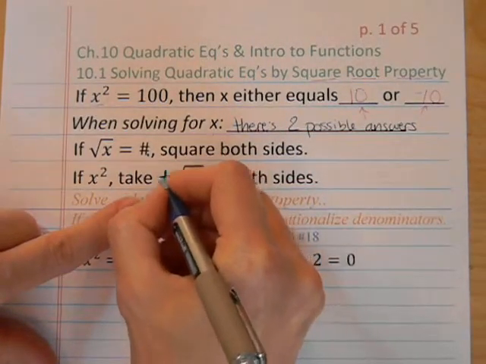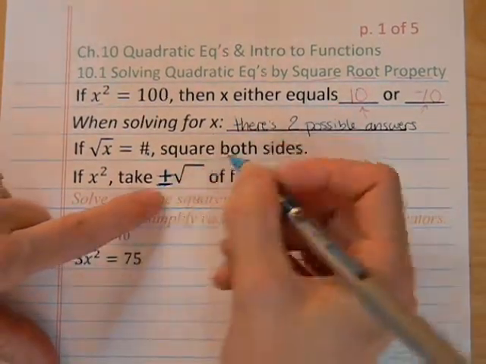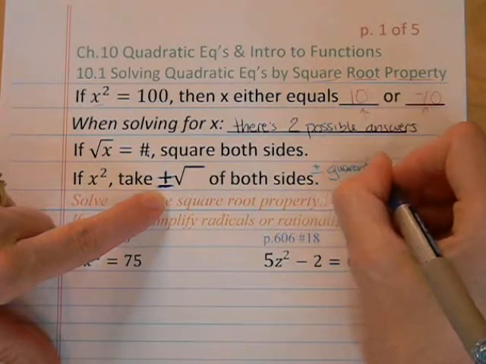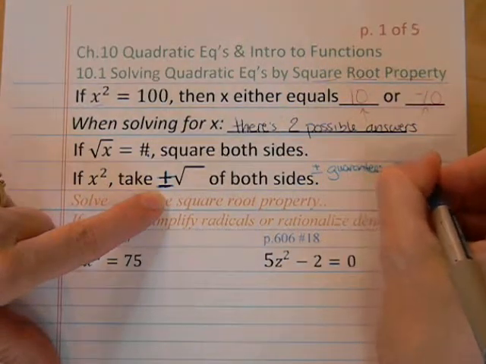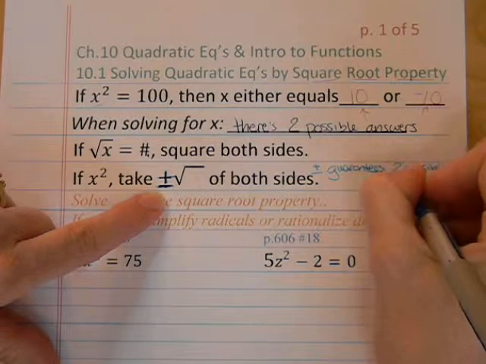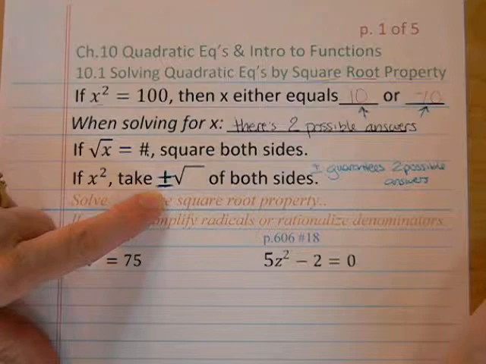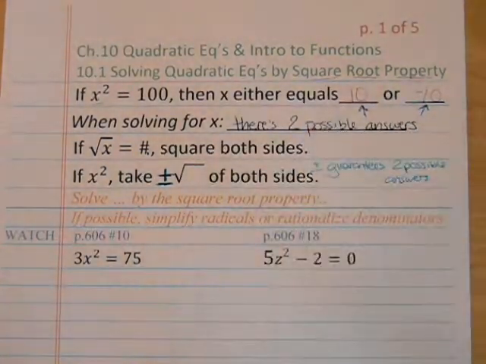The reason we do plus or minus is that it guarantees the two possible answers, your positive root and your negative square root. Okay? So let's see what that looks like.